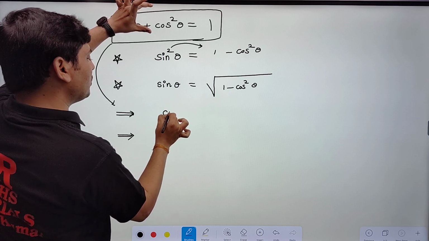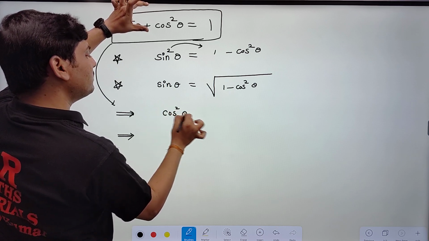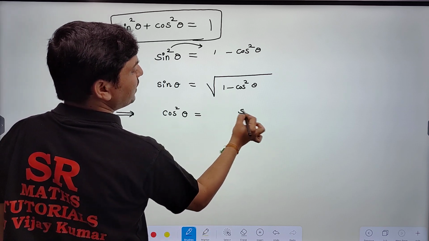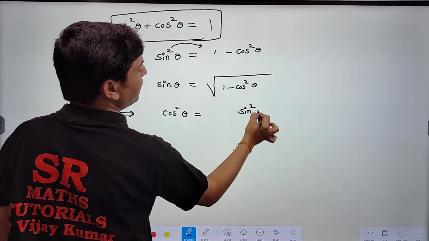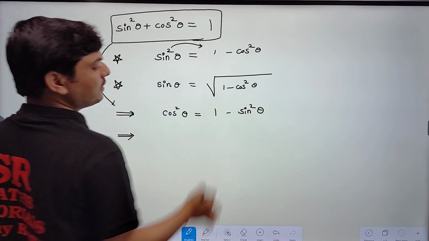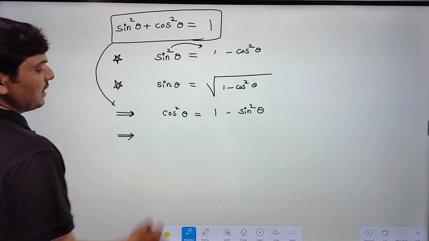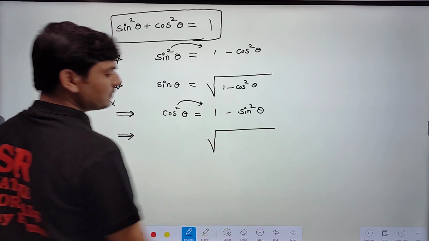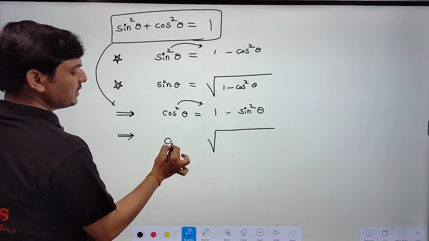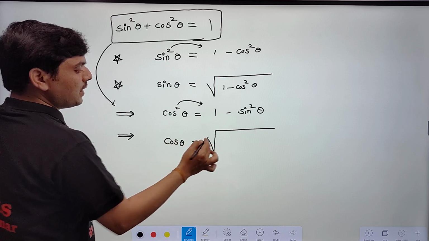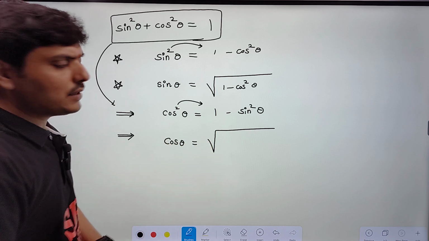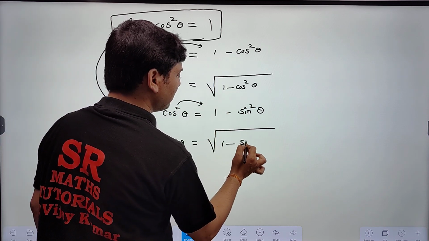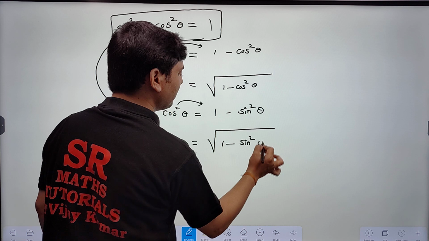Cos square theta is 1 minus sin square theta. Similarly, this 2 moves from left to right, under the root. Cos theta is equal to under root 1 minus sin square theta. You write the same terms as they are.